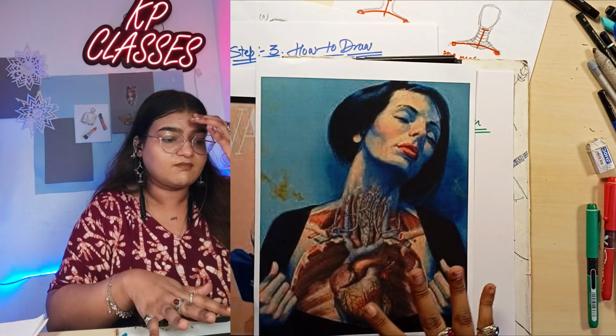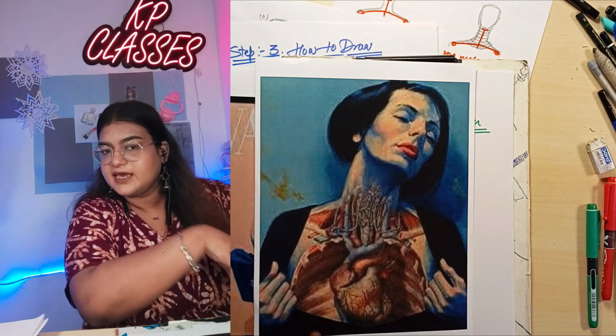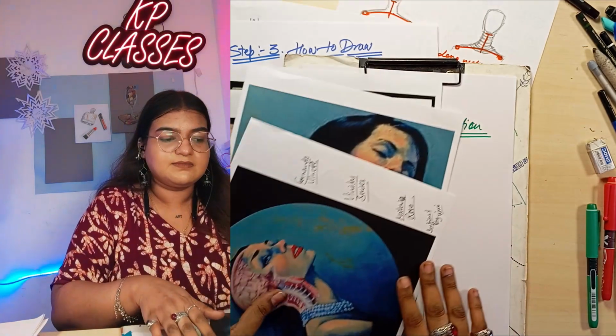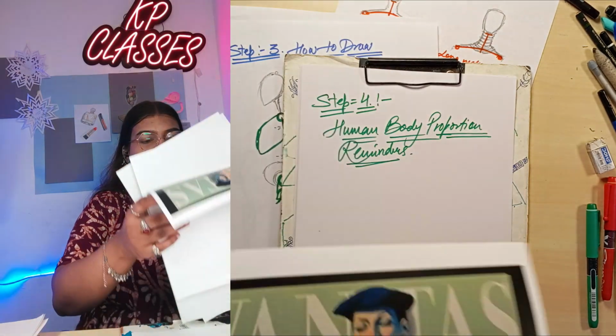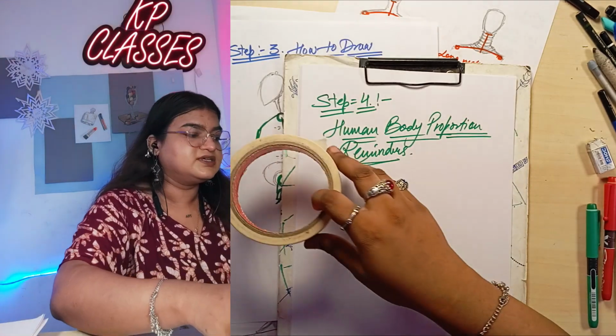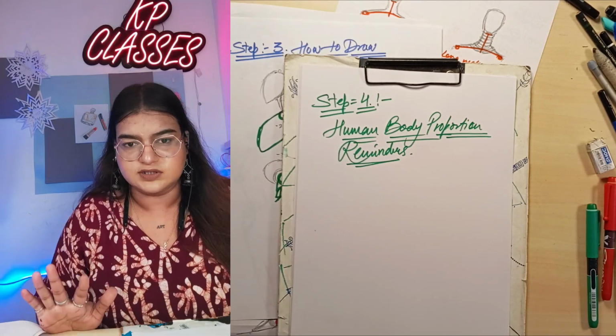Because again, in history, everyone was focusing majorly on the male body structure, okay, due to a lot of norms as well. But later on, with time, a lot of artists emerged and they studied the female body structure as well so that they can create the perfect proportion policy, okay.